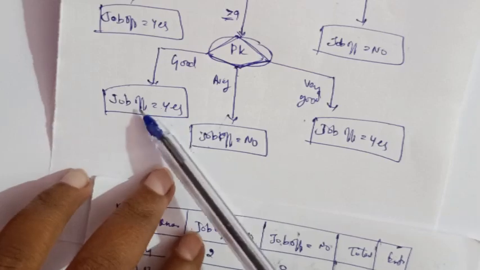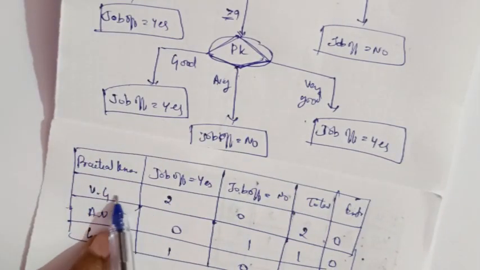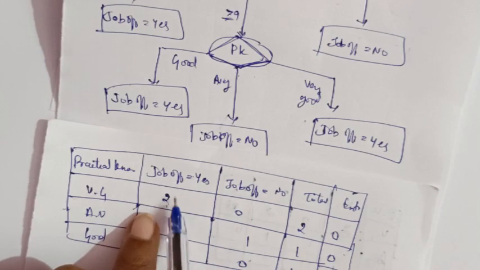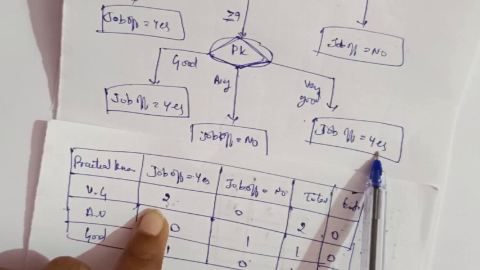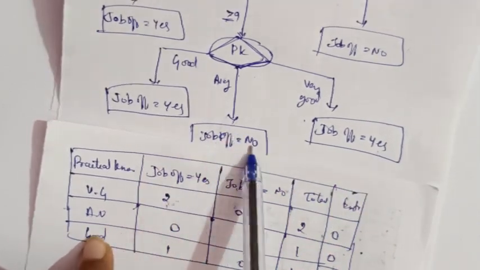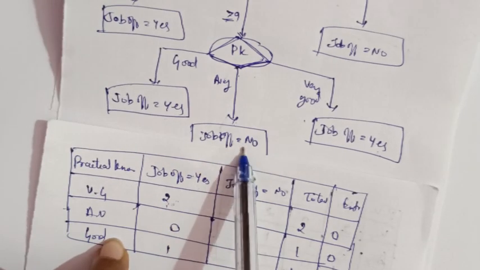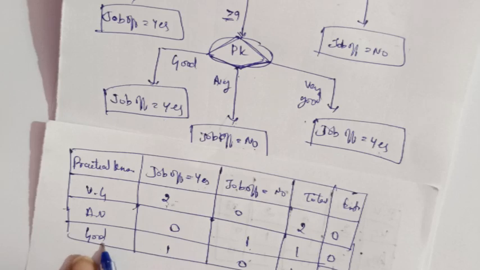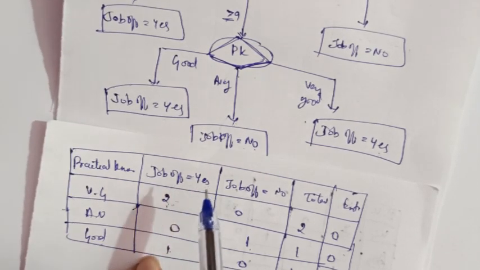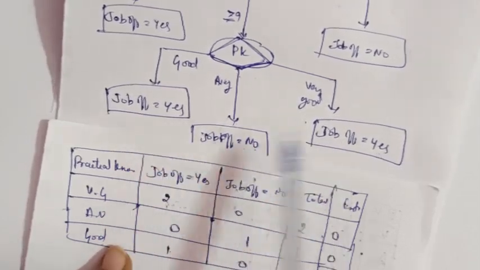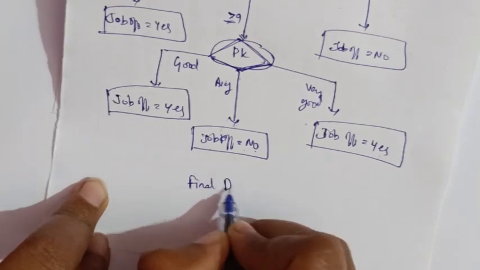Here is how I took the job offer as S or no. For very good, we have job offers as 2, so the job offer we have taken is S. Again for average, we have taken the job offer as no, because the job offer value is 1. Again here good has the value 1 in S, so the job offer is S. This is how we have to construct the decision tree. This is our final decision tree.